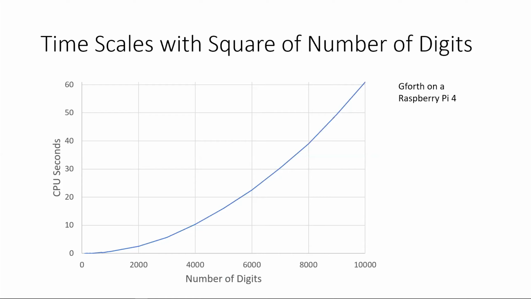And not surprisingly, the time scales with the square of the number of digits, because that earlier formula for how many terms I needed was linear with the number of digits, and the number of iterations is also linear, and so we have nested loops, and that gets us there. I'm running on a G4 version of Forth on a Raspberry Pi 4, so a faster computer would get a better result, I guess.